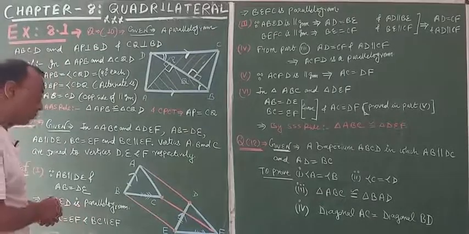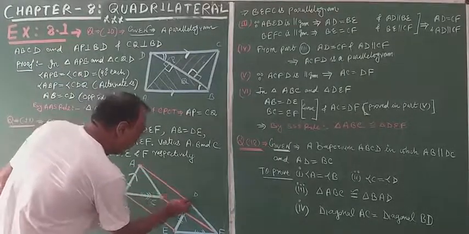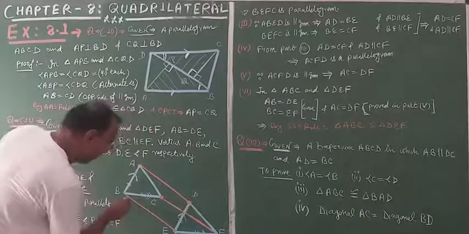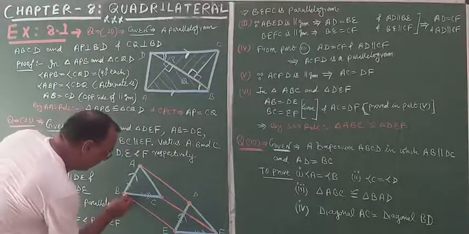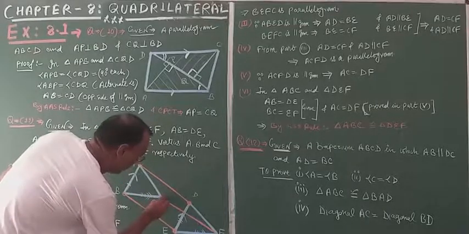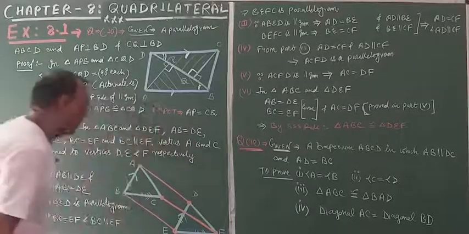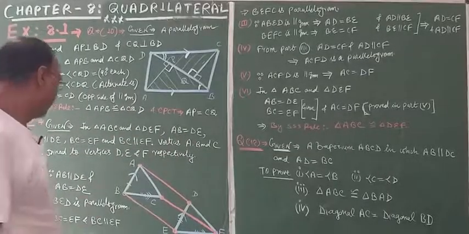Vertex A is joined to vertex D, B is joined to vertex E and vertex C is joined to vertex F. So we have to prove.